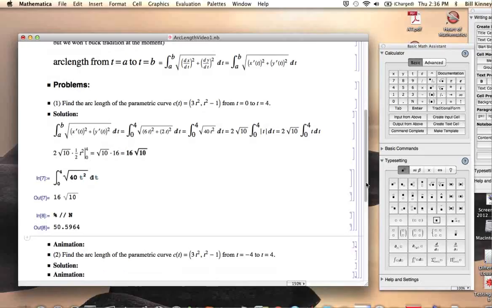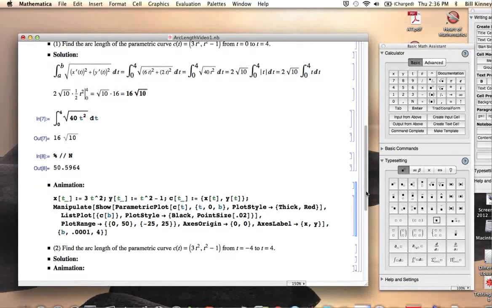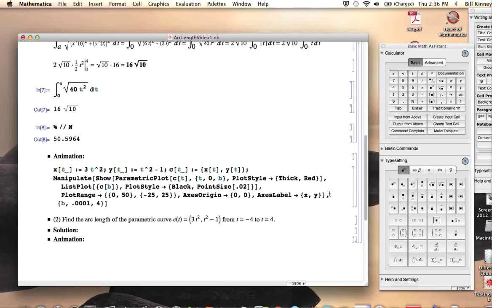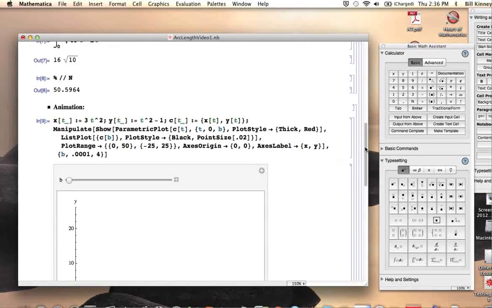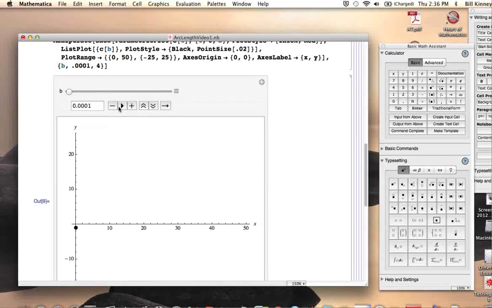This section has an animation in it that can illustrate that that seems right. And in fact, this is kind of a nice example. We're going to see that it's actually a straight line, this parametric curve, though not at a constant speed. So that black dot is the point that's moving. The parametric curve is modeling the motion of that black dot.